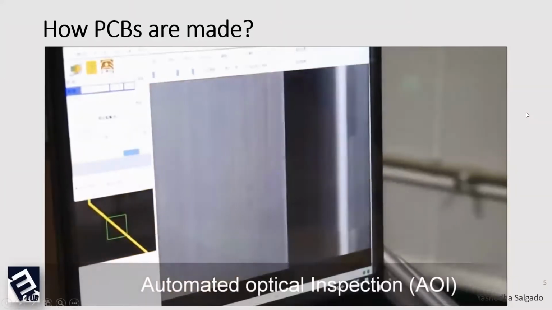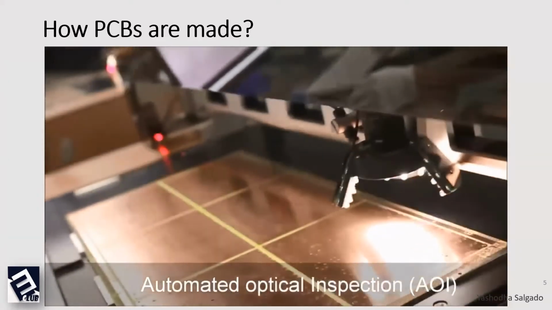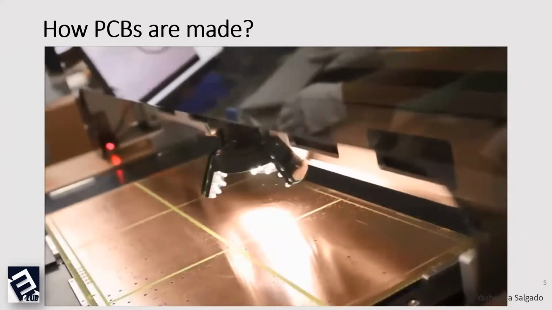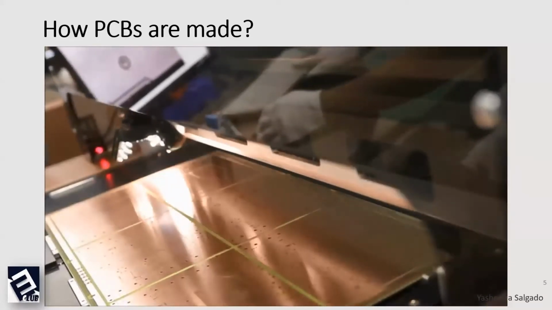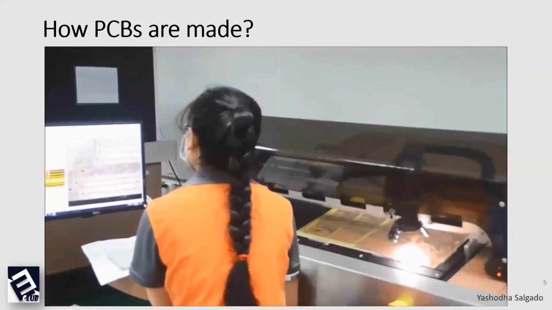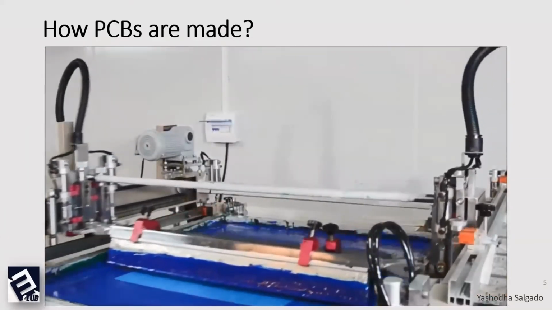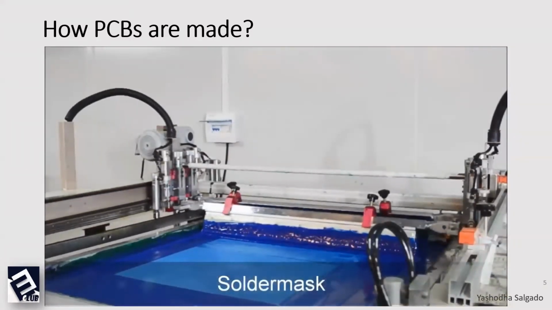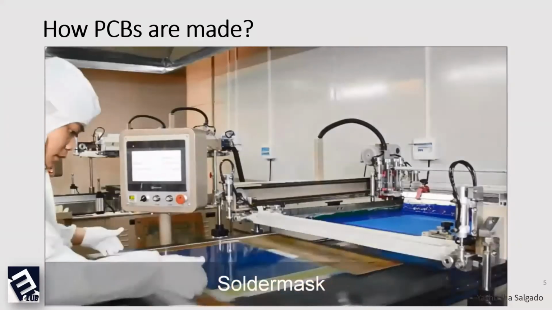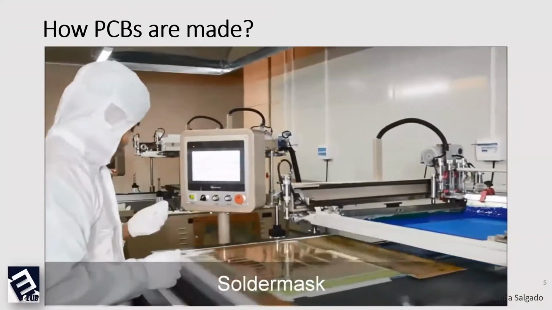In here they are checking each and every electrical traces. The solder mask is actually the PCB color.